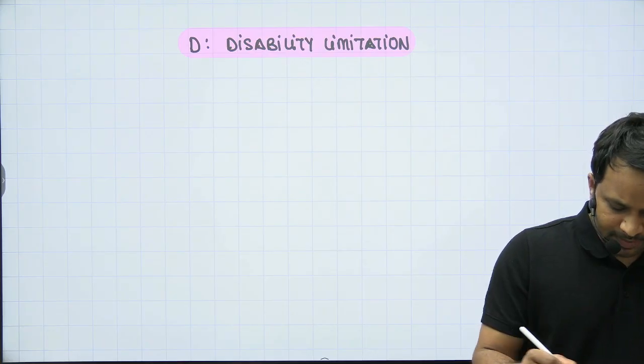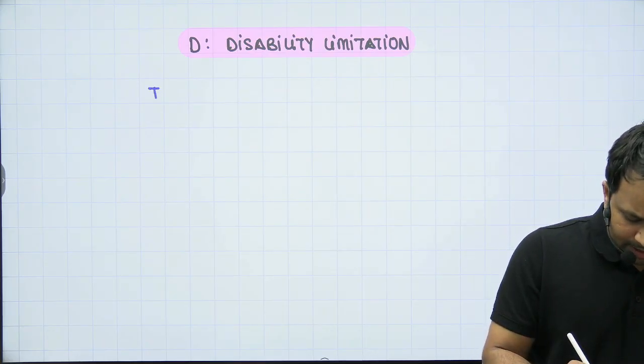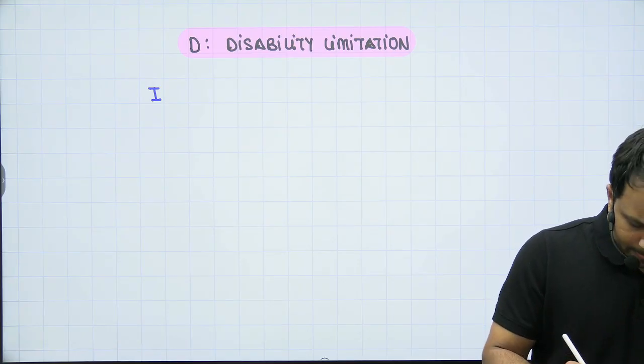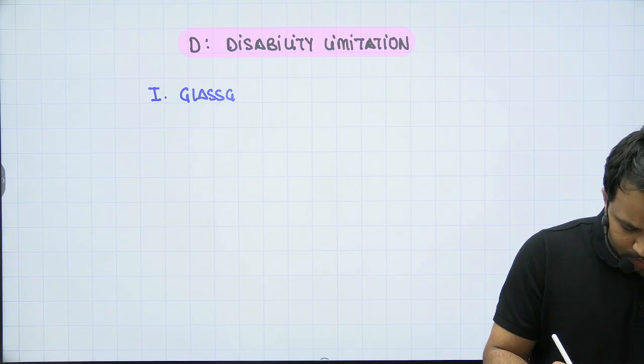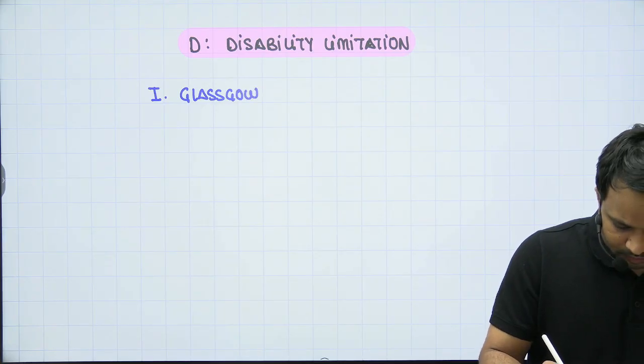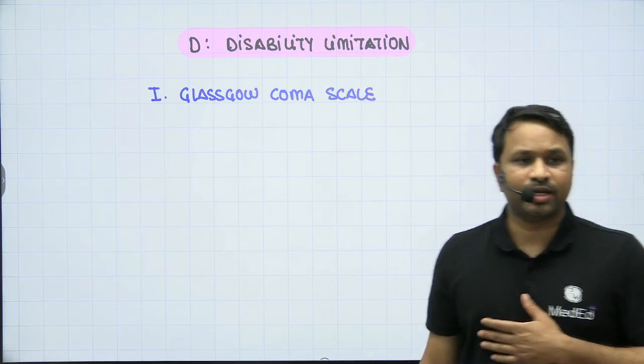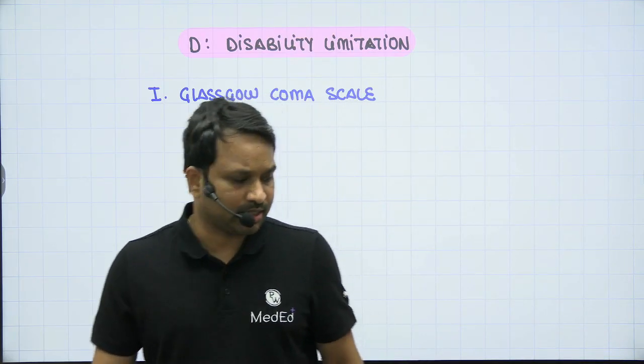In the assessment criteria, the first thing that you would do is a GCS scoring. So we'll calculate the Glasgow Coma Scale.